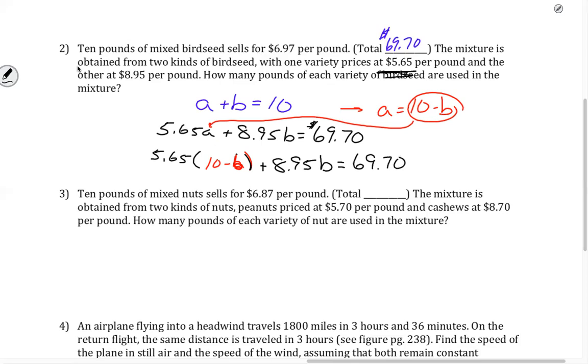Now what would I do, Chris? Yeah. So you're going to get 5650 minus 565B plus 895B equals 6970.